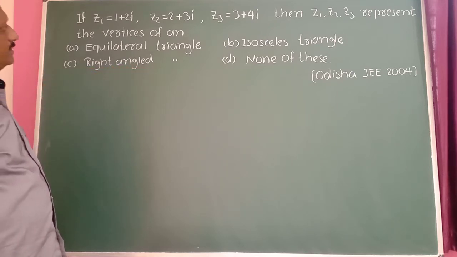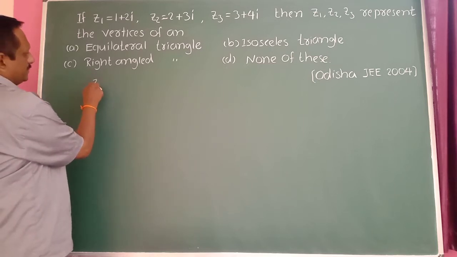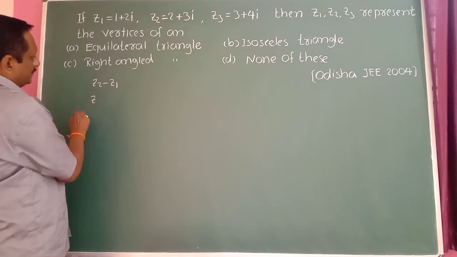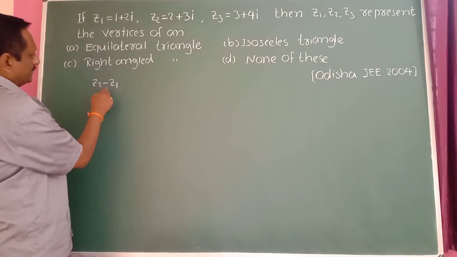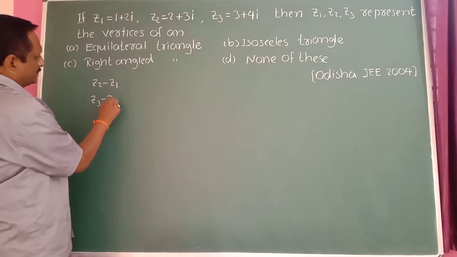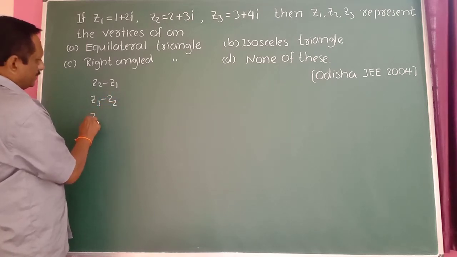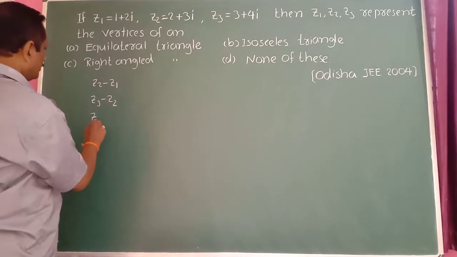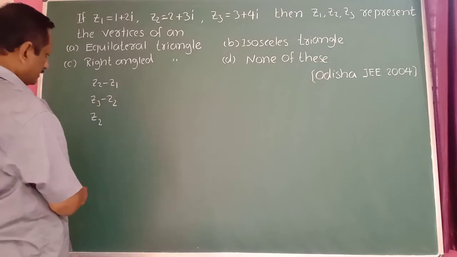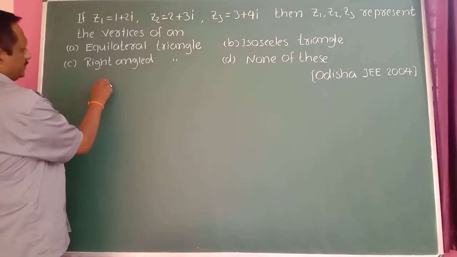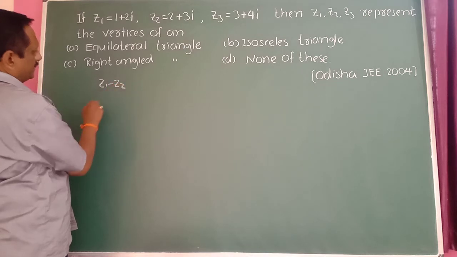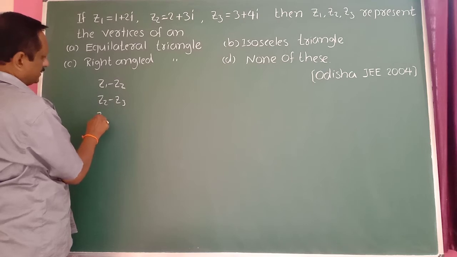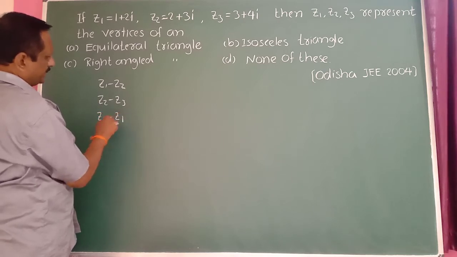So therefore, find the differences: z2 minus z1, z3 minus z2. So directly find z1 minus z2, z2 minus z3, z3 minus z1 here.